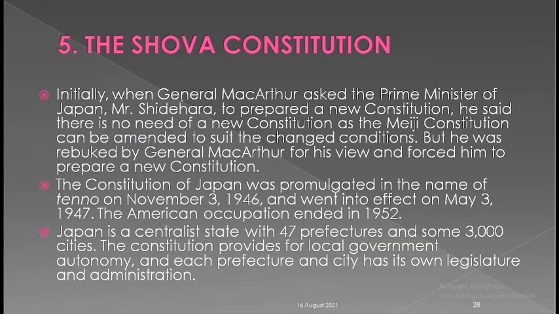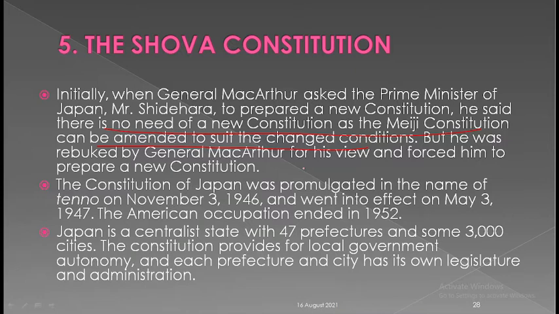Initially, when General MacArthur asked the Prime Minister of Japan, Mr. Shidehara, to prepare a new constitution, the Prime Minister said that there is no need of a new constitution as the Meiji constitution can be amended to suit the changed condition.